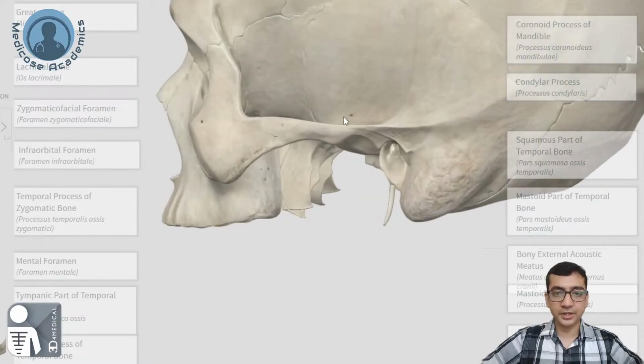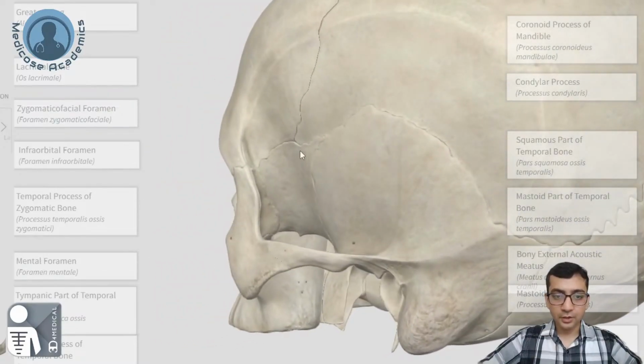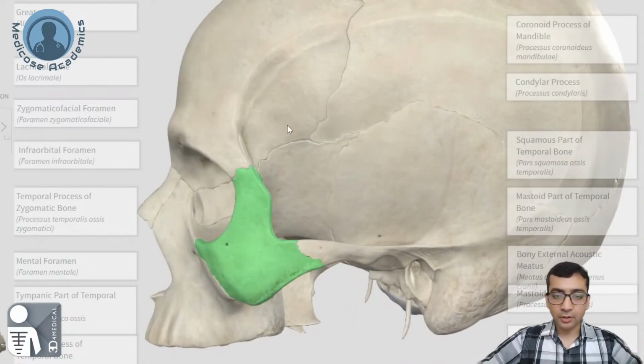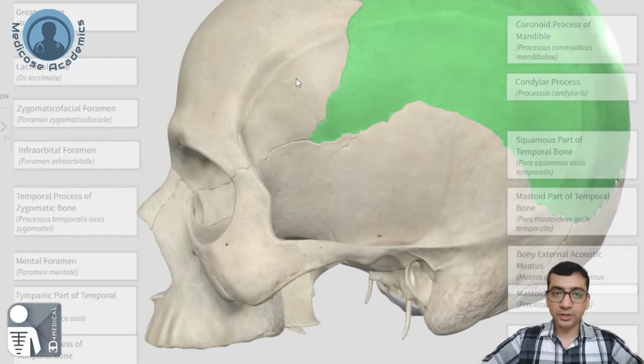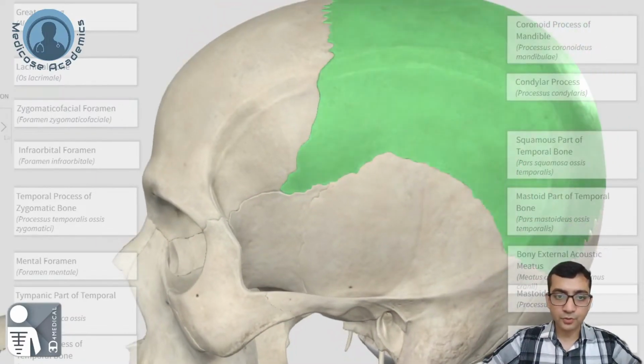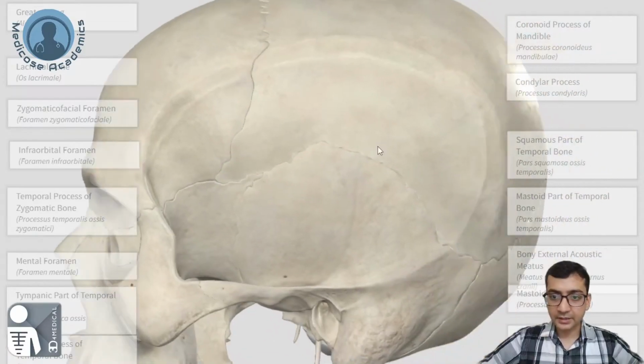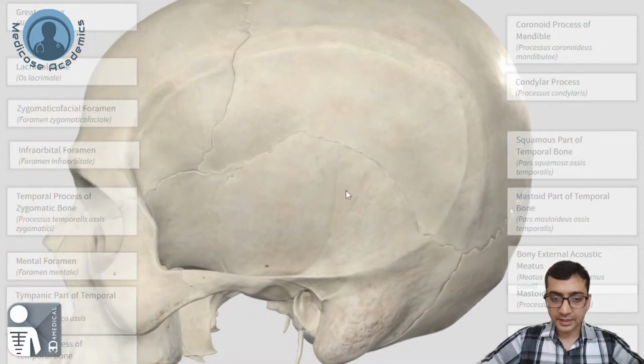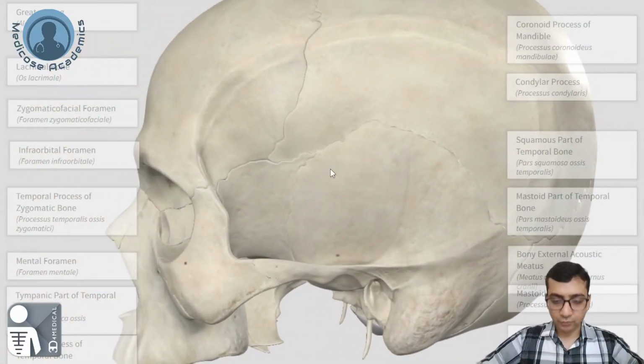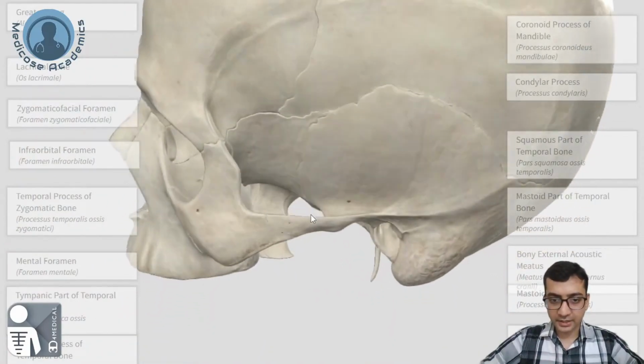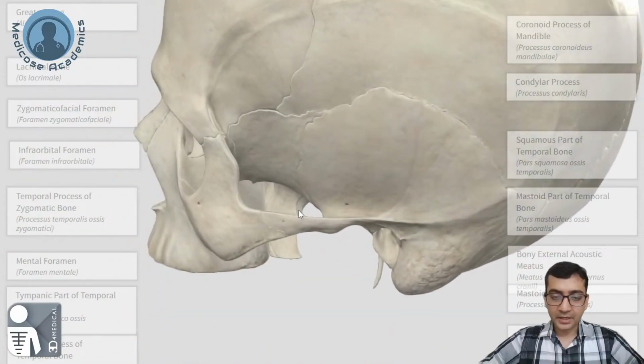So this is the temporal fossa. We talked about the anterior wall. We talked about the medial wall containing four set of bones, these ones. Then we talked about the superior, this line, posterior, this line, and we talked about the lateral one, not shown in the picture, and then we are left with inferior.